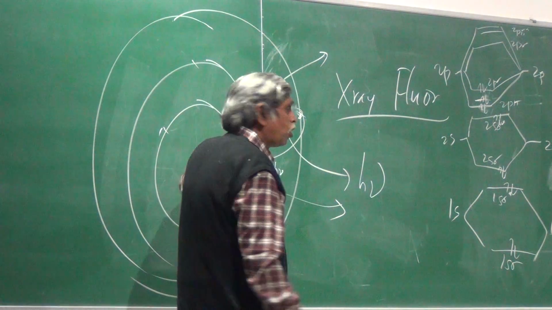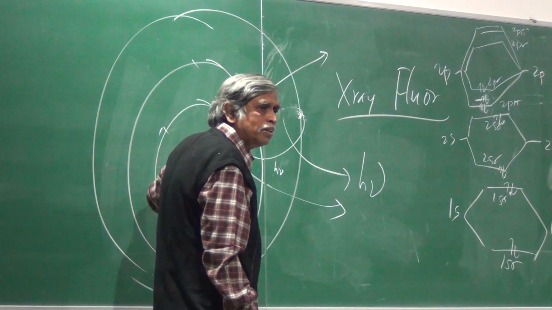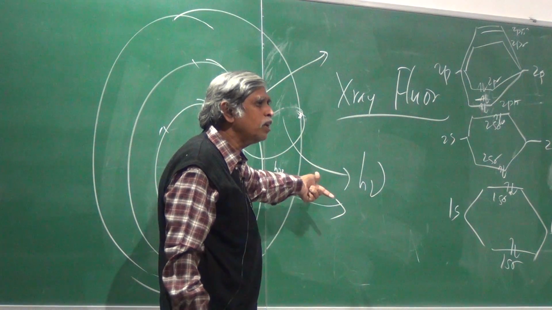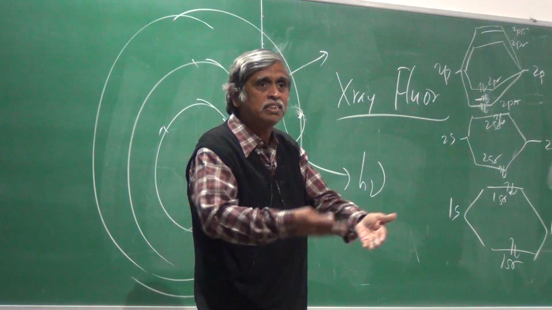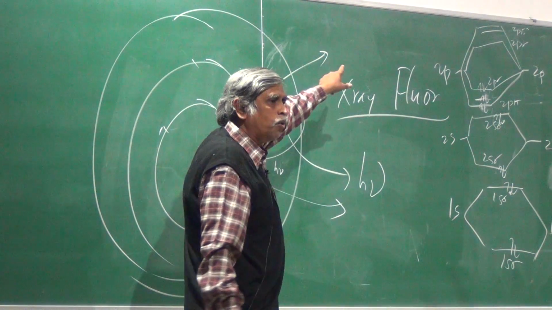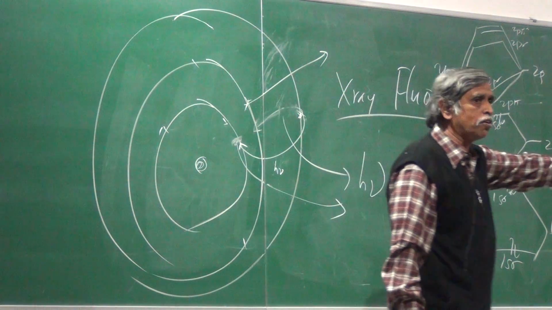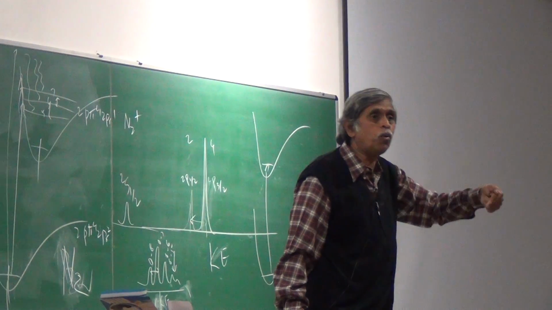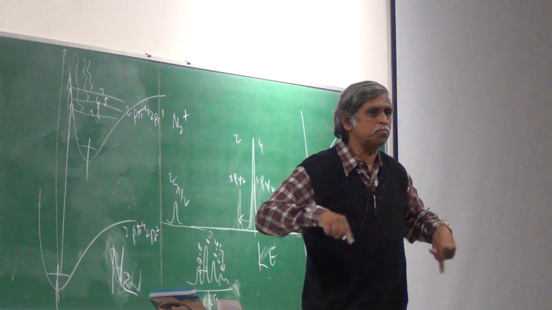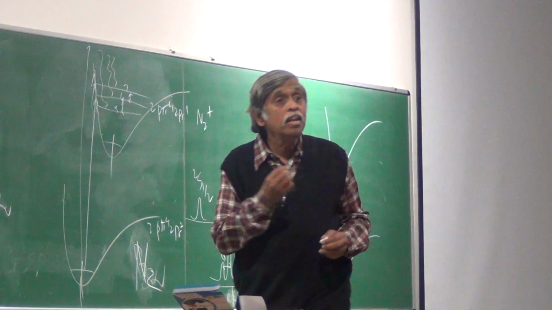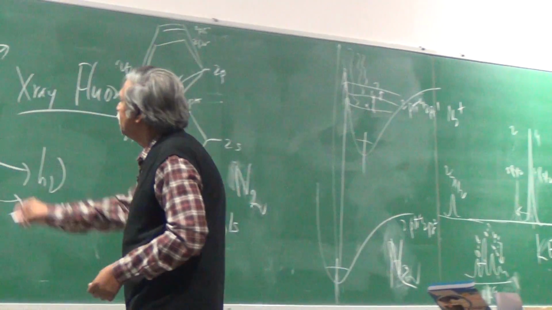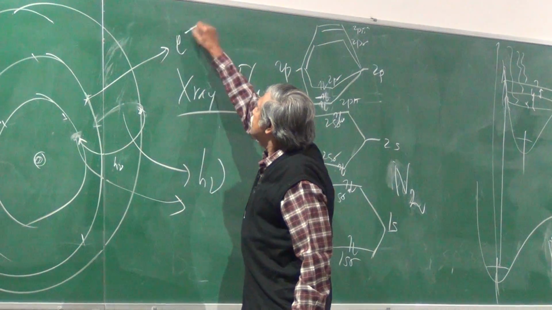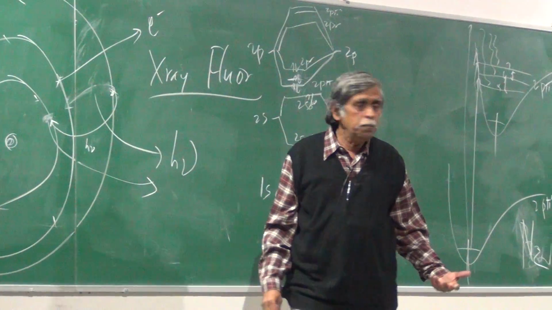So you keep this electron out, this fellow jumps in, gives me a photon, and I can now consider that this photon acts as a source for the next ionization, keeping this guy out, and now you will see a second bunch of electrons, which are actually not the ones that you created in the first place, it is the one that the system has now created in the second place, by the light that was emitted by this jump. And these bunch of electrons that you get have a very special name to it.